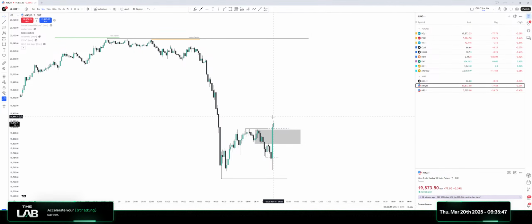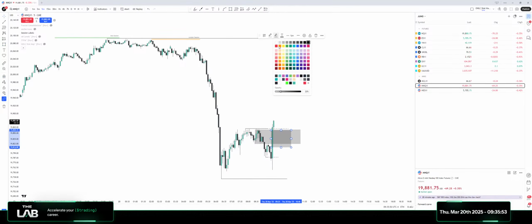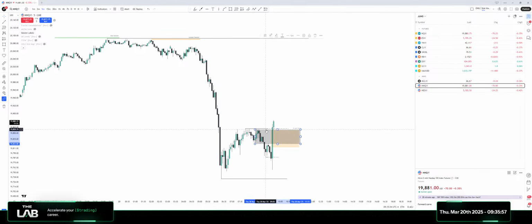So if that candle is going to close above and we leave behind that fair value gap over here, then I'm probably gonna take a shot and probably long. Consider this as the manipulation move down.